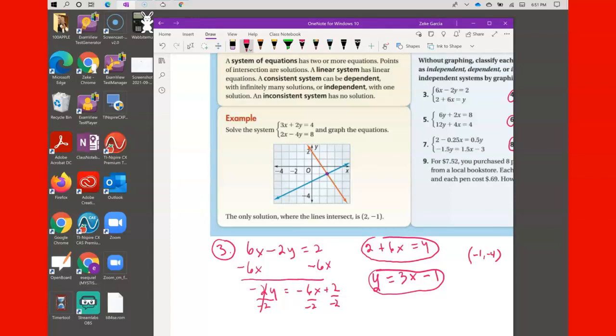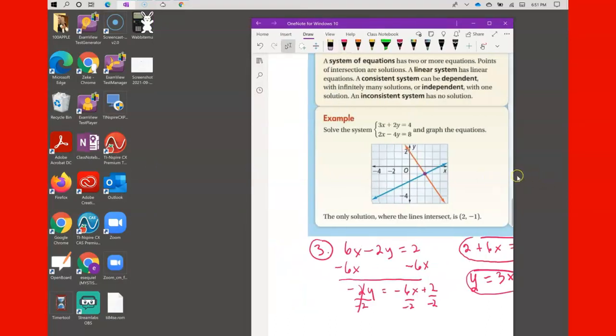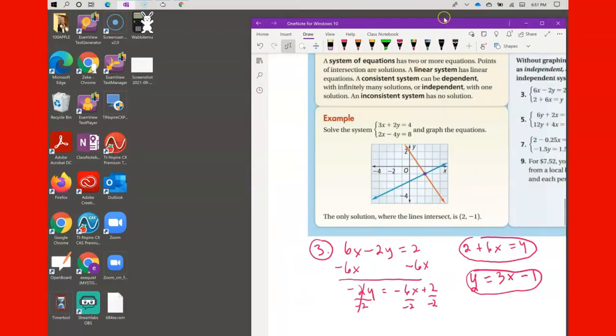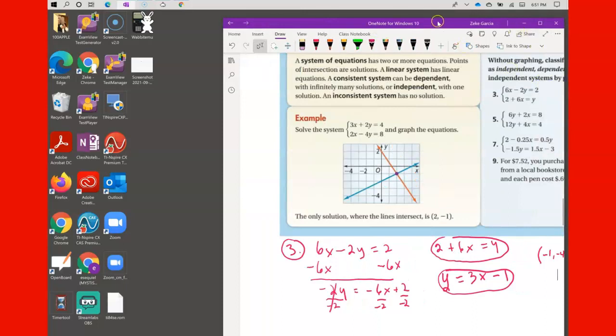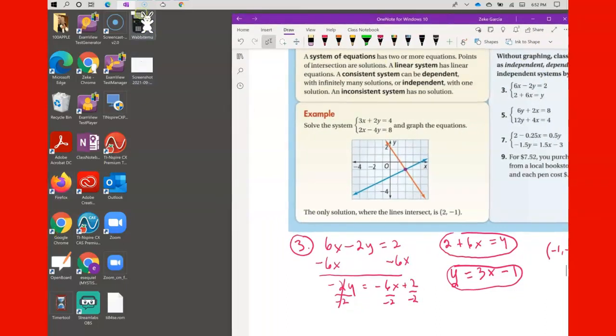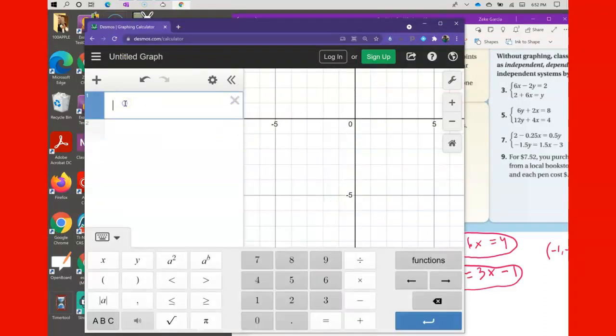What I'm going to do is use Desmos, and I'm just going to type in the equations just the way they were written, and then you're going to be able to see the solution right away, okay? So you have 6x minus 2y equals 2.